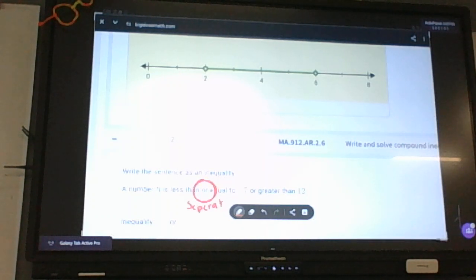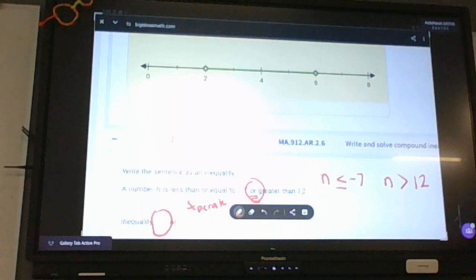Or means we're going to separate our symbols. So n is less than or equal to -7. That'll go in your first box. Or, that's actually the more important one right there, n is greater than 12.